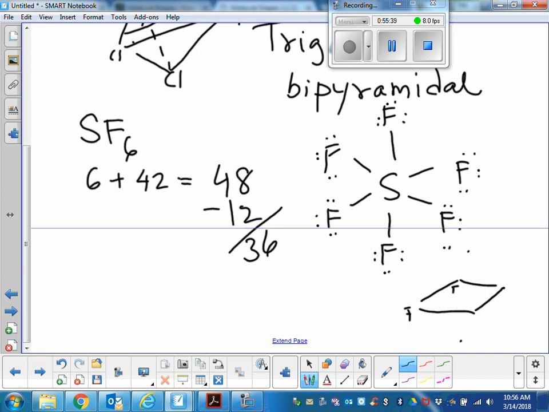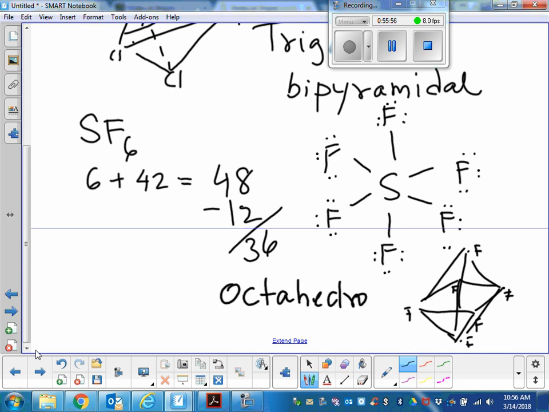Each one is a fluorine. The shape of this molecule is called an octahedron. Why is it called an octahedron when there are 6 surrounding atoms? Because it has 8 faces. Octa means 8, and you've already accounted for all 8 faces. The shape of this molecule is octahedron.